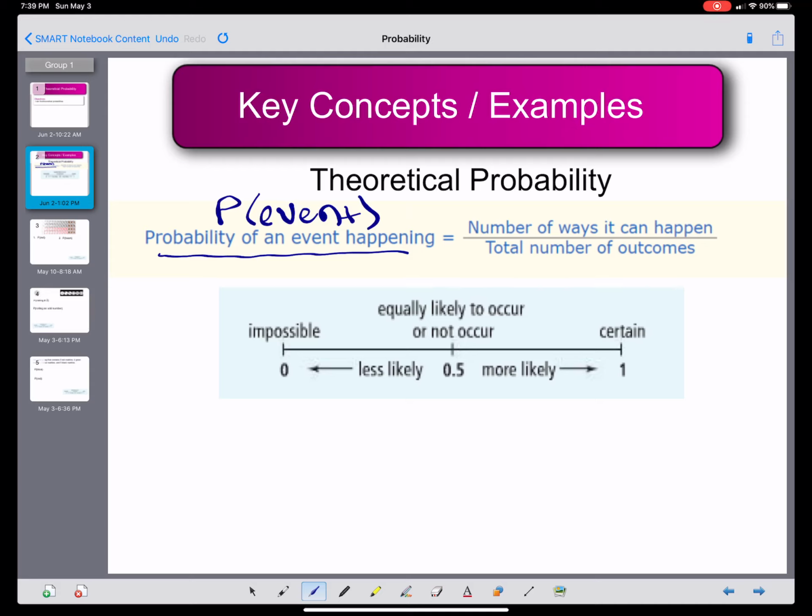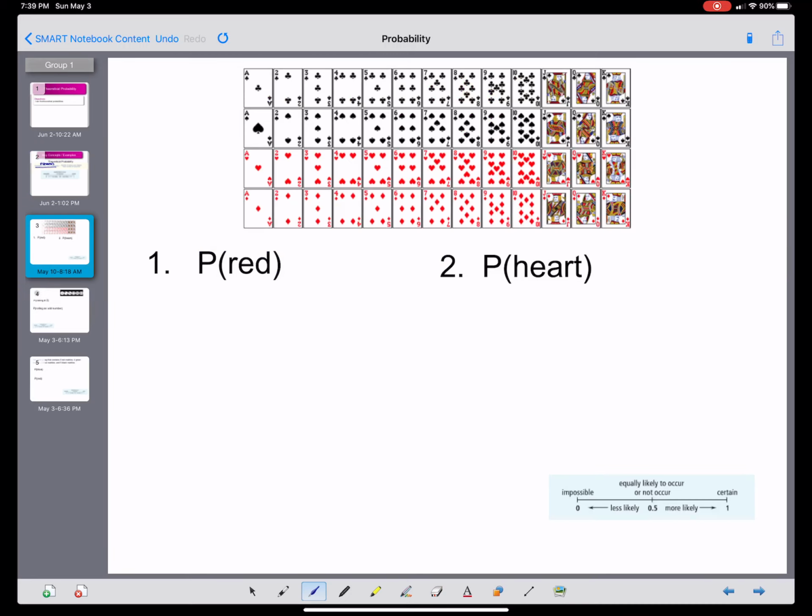Down below you see a chart. Depending on what you calculate as your probability, you can use this chart to determine if the event is impossible, certain, more likely, or less likely. This will make more sense in a minute. So let's get through some examples.